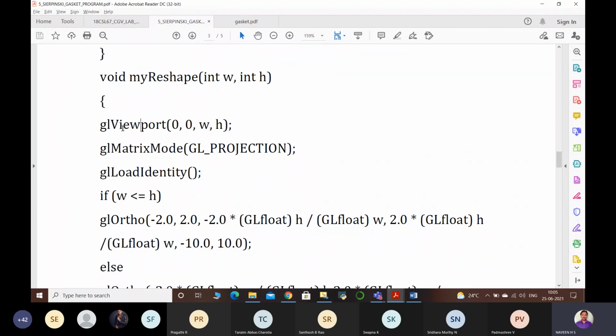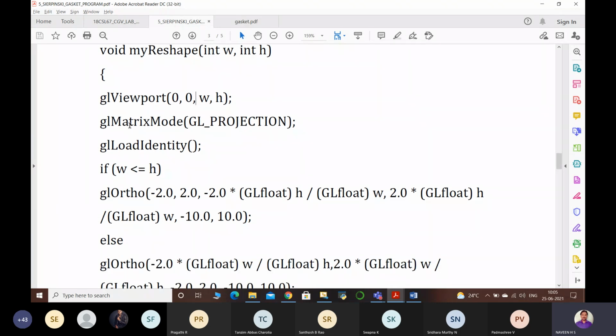It is where my object is going to be visualized on the screen. There I specify values like 0, 0, w and h, so I use my width and height to project on the screen. If they change, obviously the values also change.